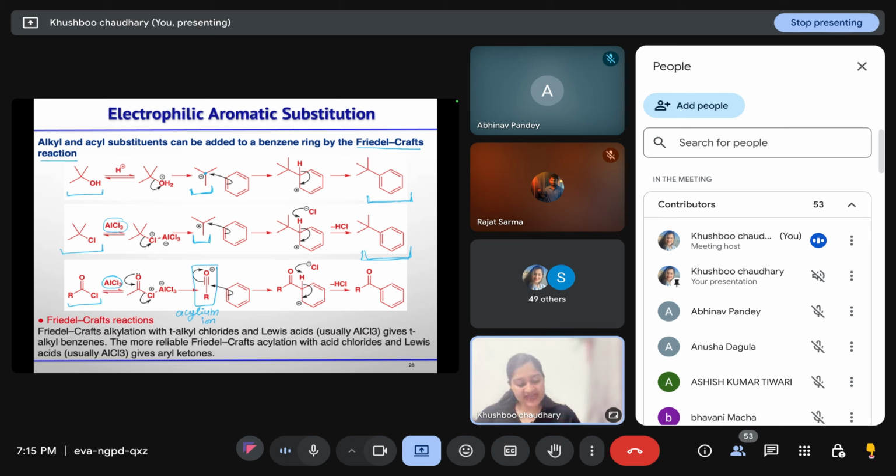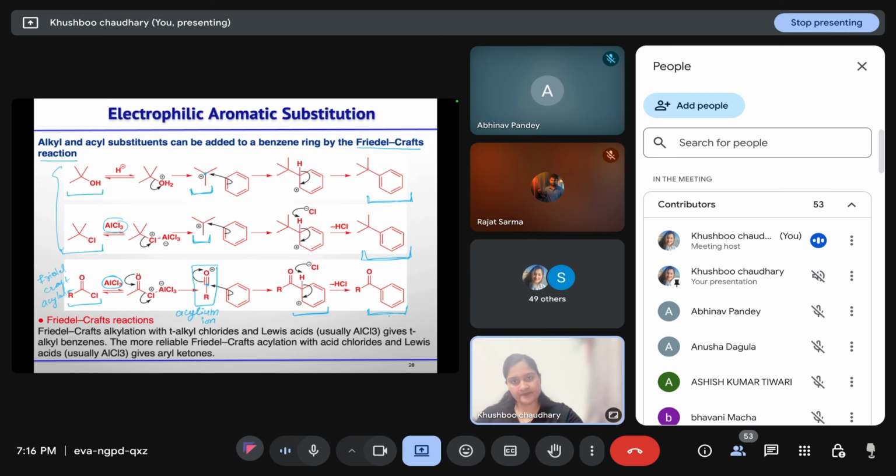Then benzene will attack at the carbon to neutralize the positive charge on the oxygen, and you will get this intermediate, which on loss of a proton will give you acyl substituted benzene. So this is Friedel-Crafts acylation, and these are Friedel-Crafts alkylation. Clear?